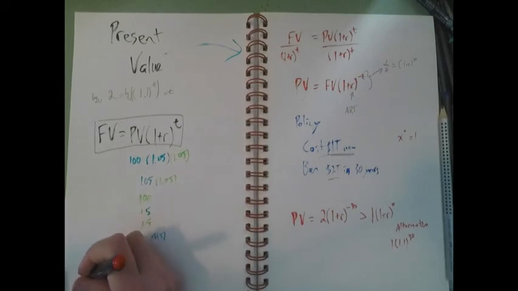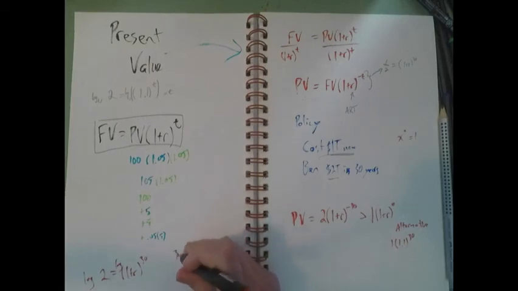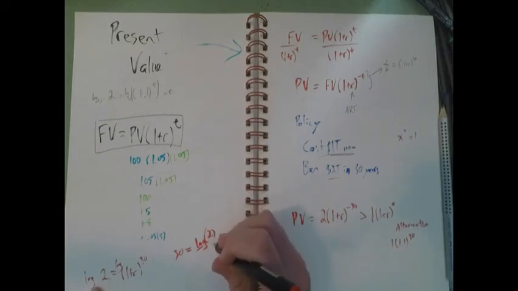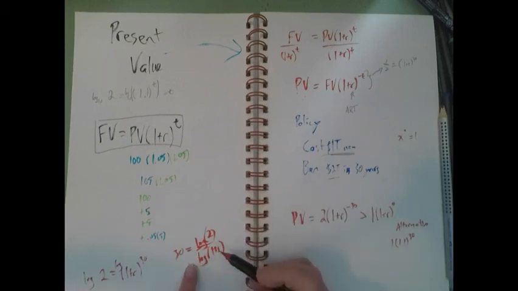And then we could just take some log of both sides, and that's going to tell us that 30 equals whatever base log you've got of 2 divided, again, same log base of 1 plus r. That ratio equals 30. So then we can rearrange and solve for r, right?